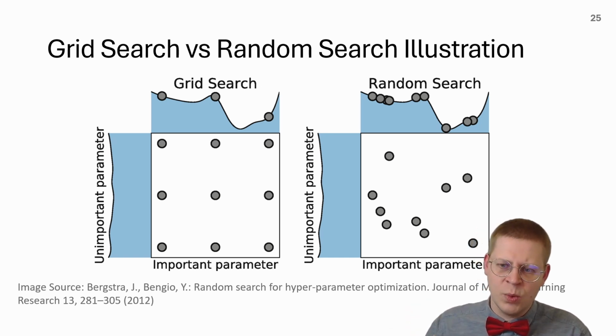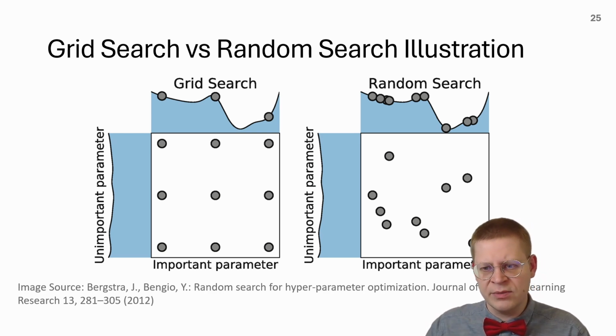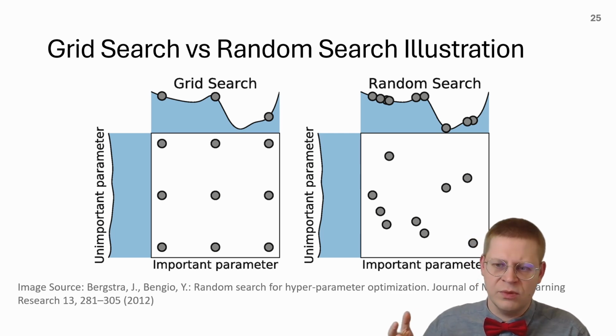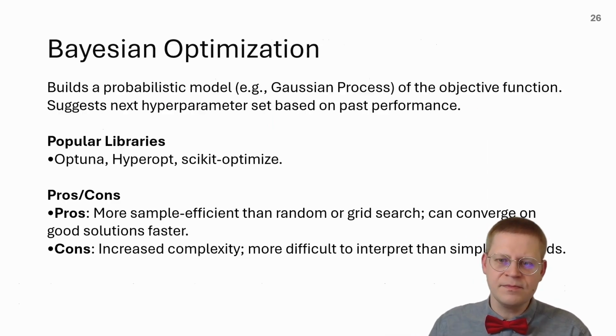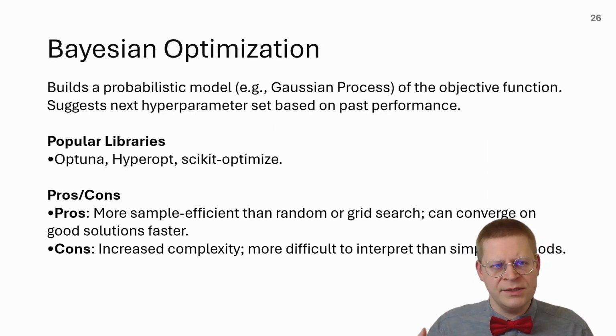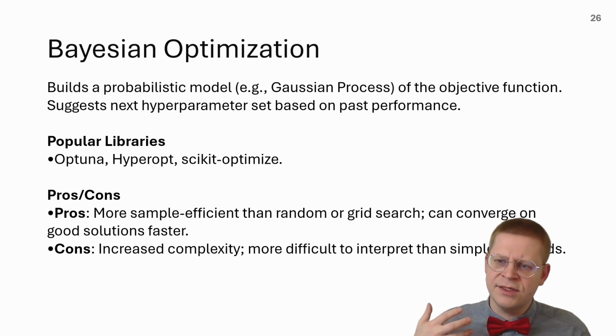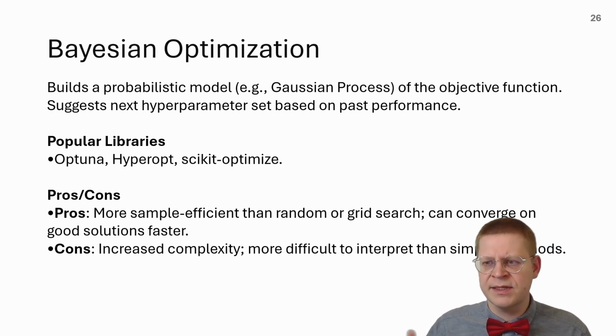The key takeaway here is that random search often finds good hyperparameter settings faster for high-dimensional or partially relevant parameter spaces. However, grid search remains easier to interpret for simple or lower-dimensional problems. What about Bayesian optimization? Well, it iteratively refines its guess on the performance landscape.